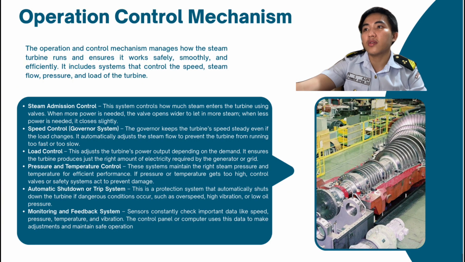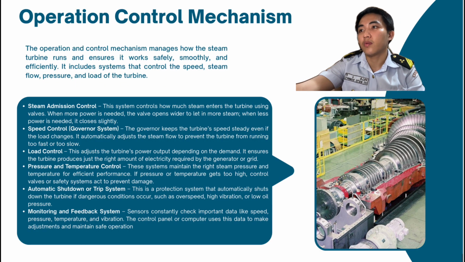It includes systems that control the speed, steam flow, pressure, and load of the turbine. So number 1, steam admission control. This controls how much steam enters the turbine using valves. When more power is needed, the valve opens wider to let in more steam.